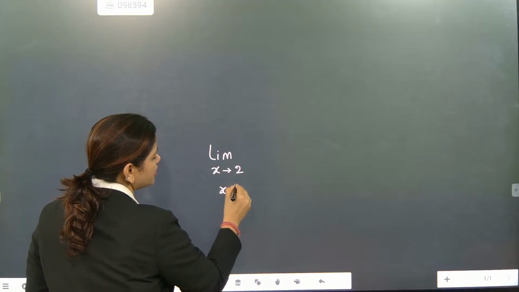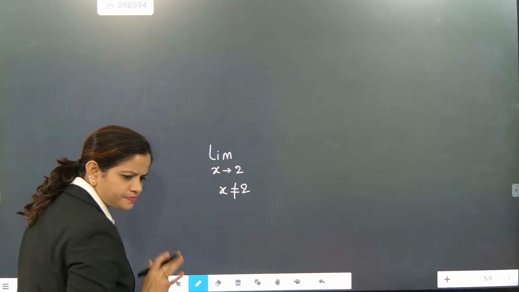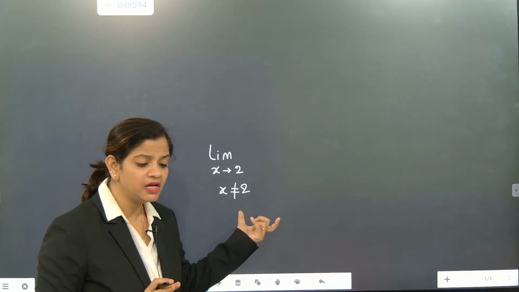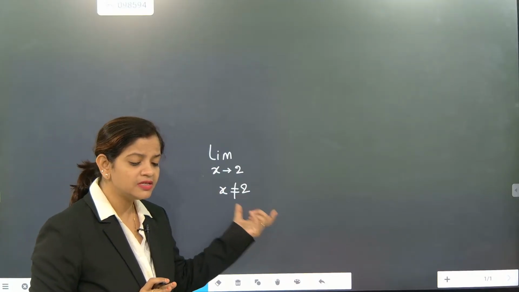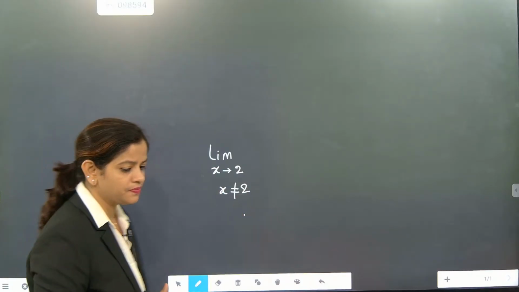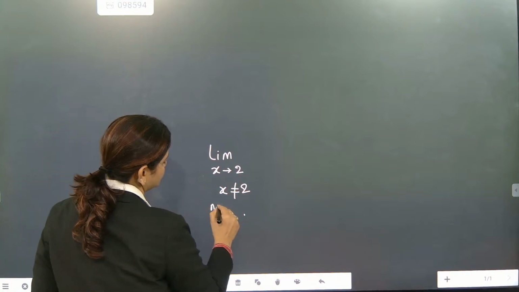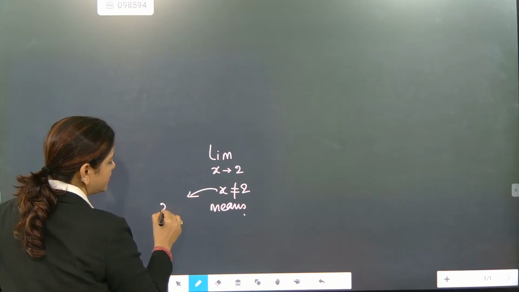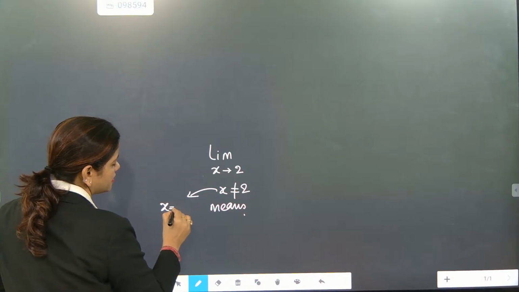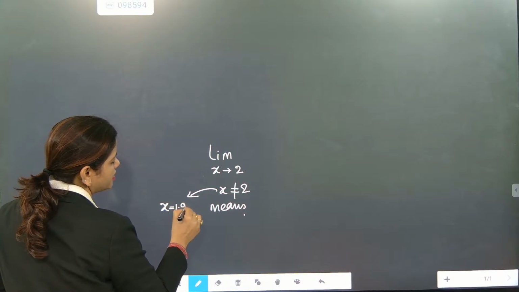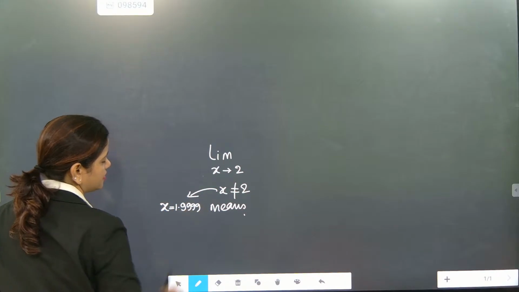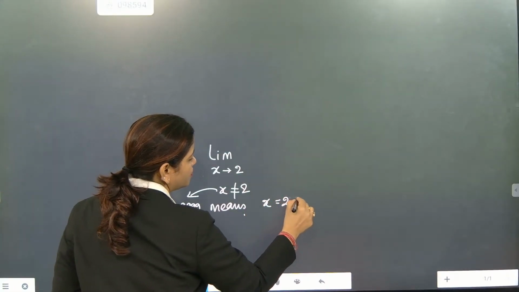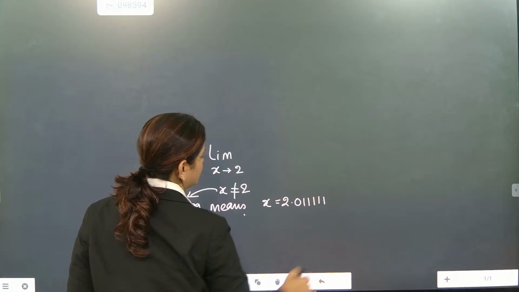What is lim x tends to 2? This is not exactly 2. First understand the meaning of limit. This means x can be 1.9999, or 2.0111.